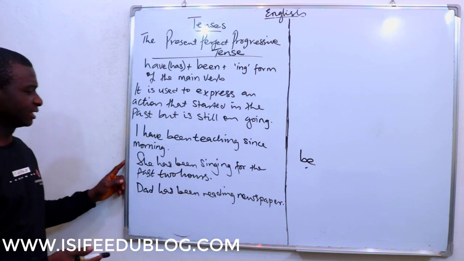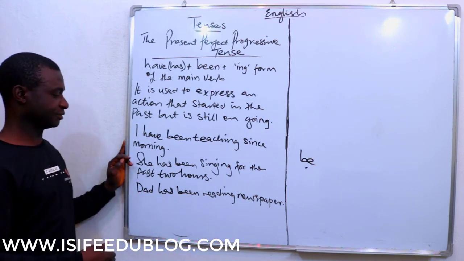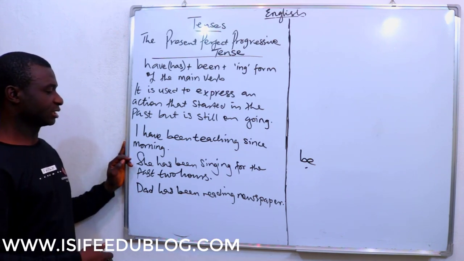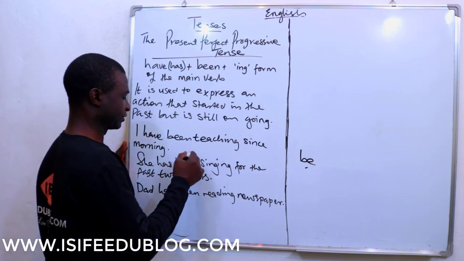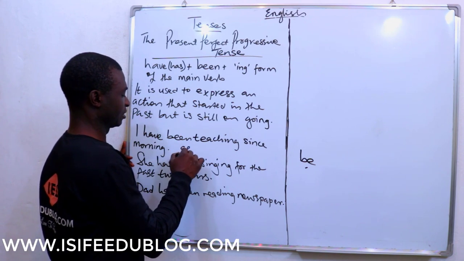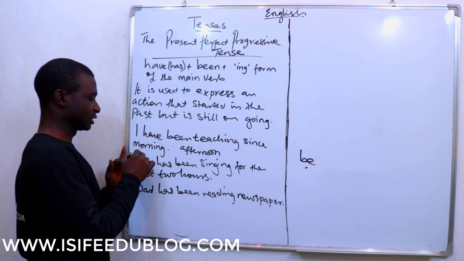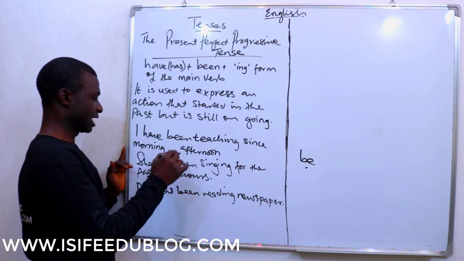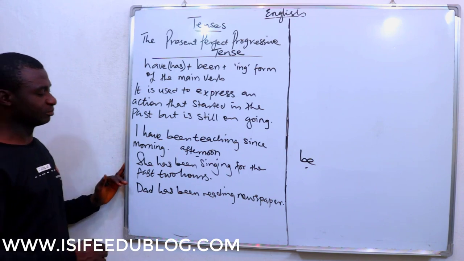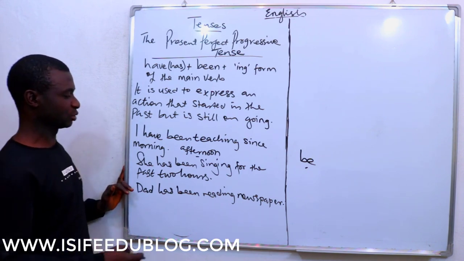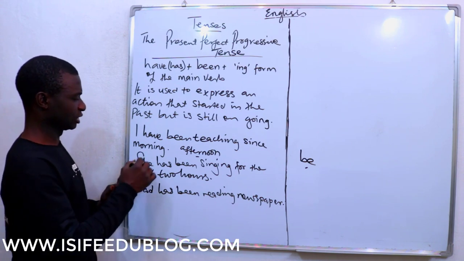It started earlier and is still going on. Alright? Maybe it is already afternoon, and this person has been teaching from morning hours to the time of this expression in the afternoon. So I have been teaching since morning.